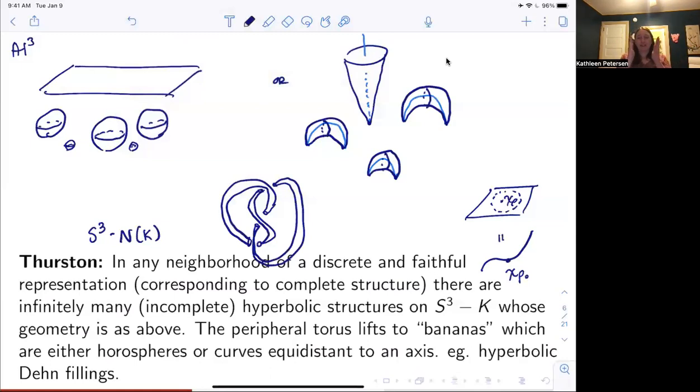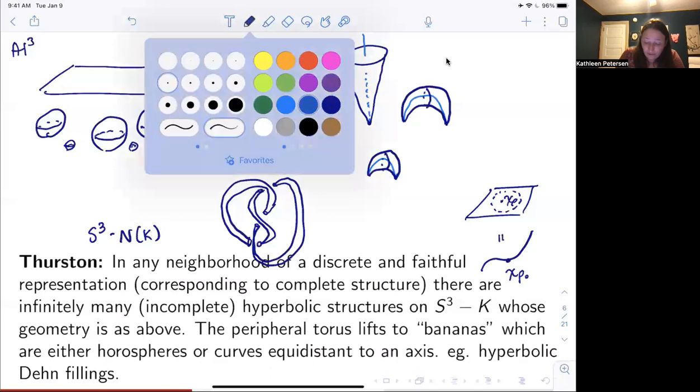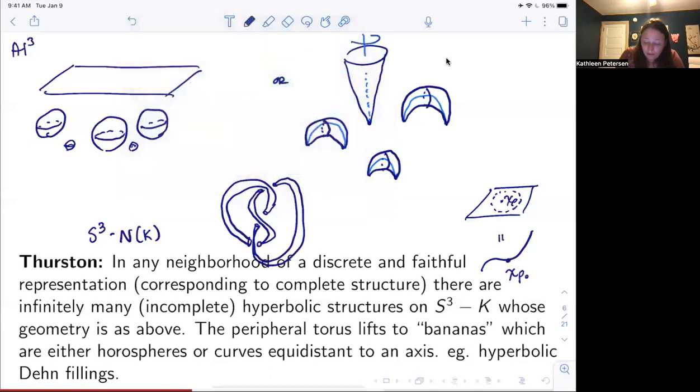So if I shrink the neighborhood of the knot to get closer and closer, what I'm going to get is a different level set of my banana. So if I shrunk it, maybe I'd get these skinnier bananas. They're a little bit closer to the geodesic.